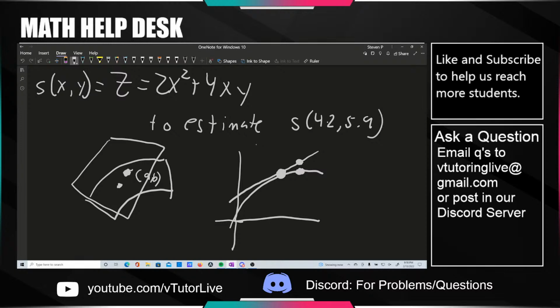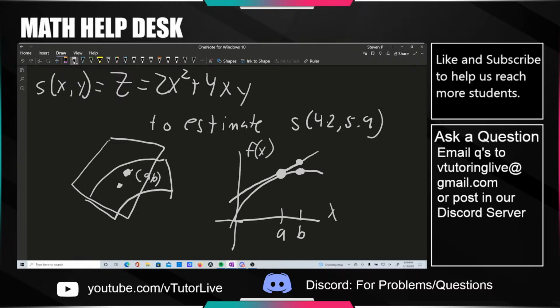If this is f of x, and this is x, and this is some point a, maybe you're asked to approximate the value of b by figuring out the equation of this line and using the line as an approximation for the point. So that should be intuitive.